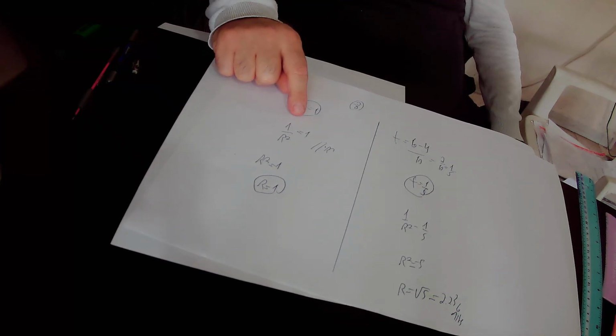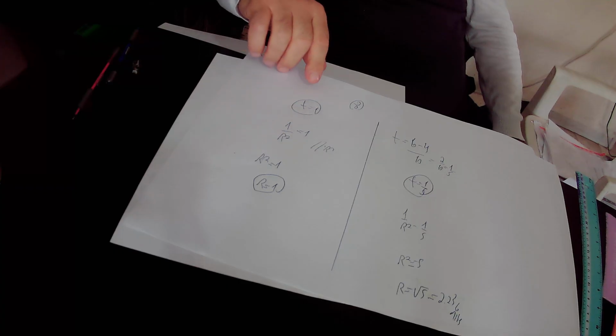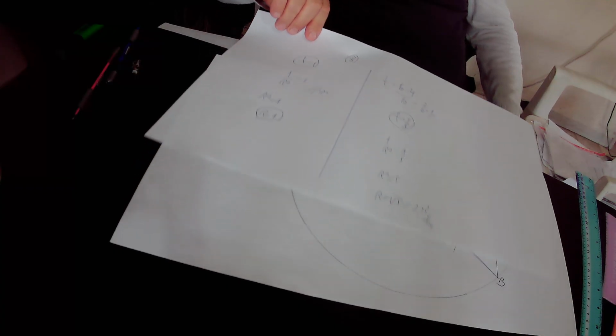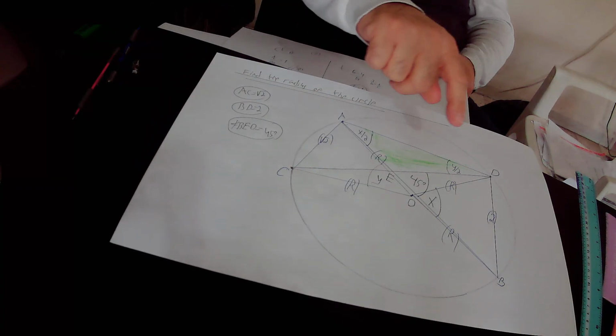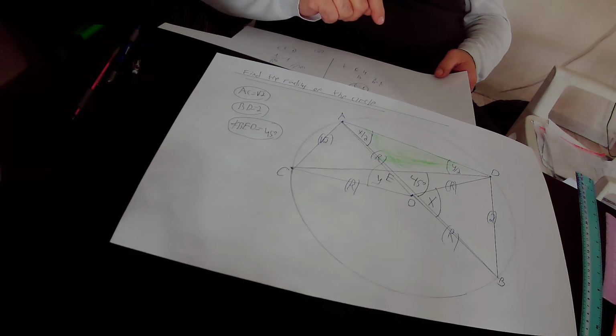We multiply this equation by r squared, and find that r squared equals 1. Here we took the root of this equation, and found that the radius r of the circle, the radius that we are looking for, equals the square root of 1, that is 1.